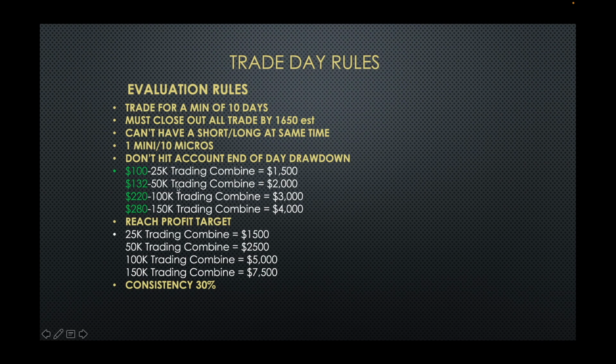So the 100K still isn't bad, but the best one I think would be the 150K because you get $4,000 worth of drawdown and you only need $7,500. So that's probably one of the better ratios out there. The bad thing is during the evaluation stages, they do have a 30% consistency rule.